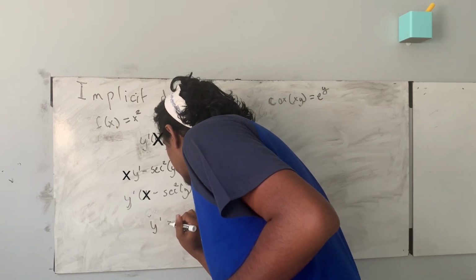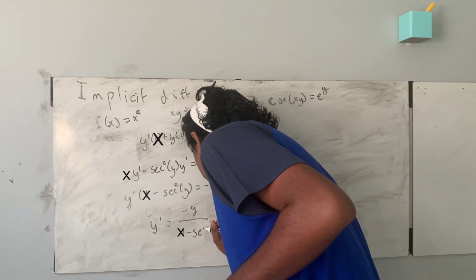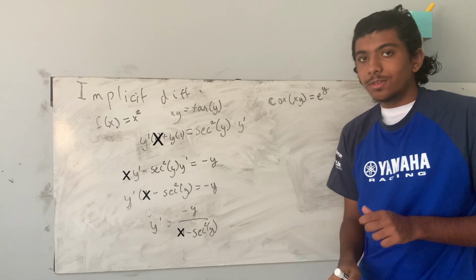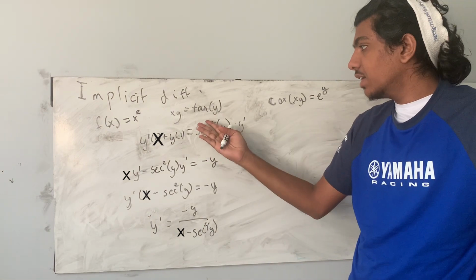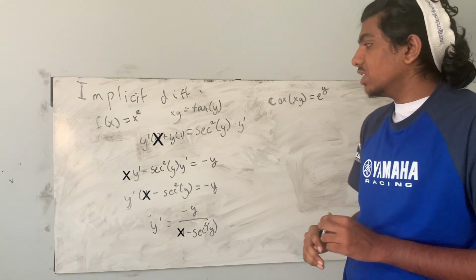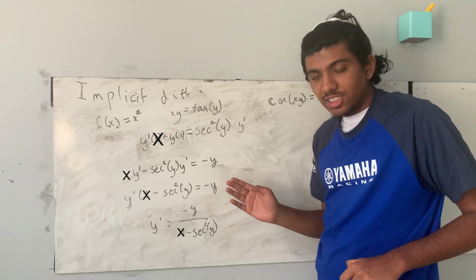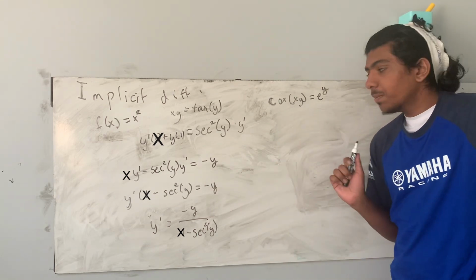Y prime equals negative y over 1 minus secant squared y. That's it. What we're trying to find is how y relates to x, and we're doing that by using the chain rule. So let's do this for the next one.